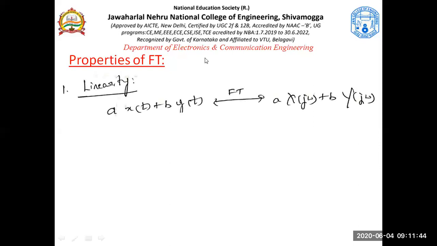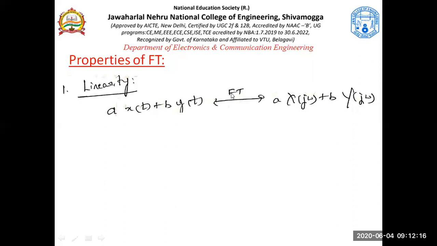So linearity. What does linearity say? It says that if you have the sum of two weighted signals, then if the transform is linear, you can separate the scalars and apply the transform only on the signals. How do you say this is a signal, this is not? A and B are scalars, not functions of time, whereas x of t and y of t are functions of time.